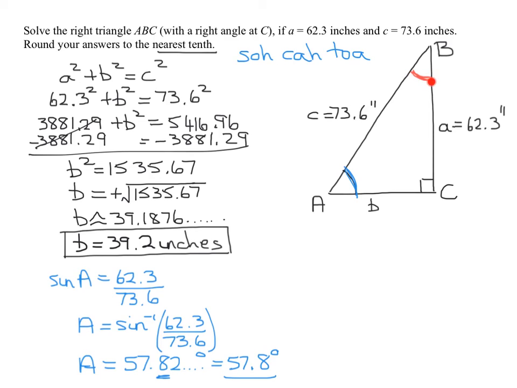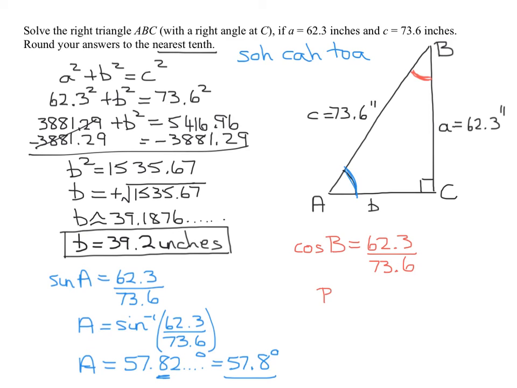Well, looking at angle B, side a is adjacent, side c is the hypotenuse. Which trig function is adjacent over hypotenuse? There it is, the cosine function. So I know that the cosine of angle B is its adjacent side, which is 62.3 divided by 73.6.